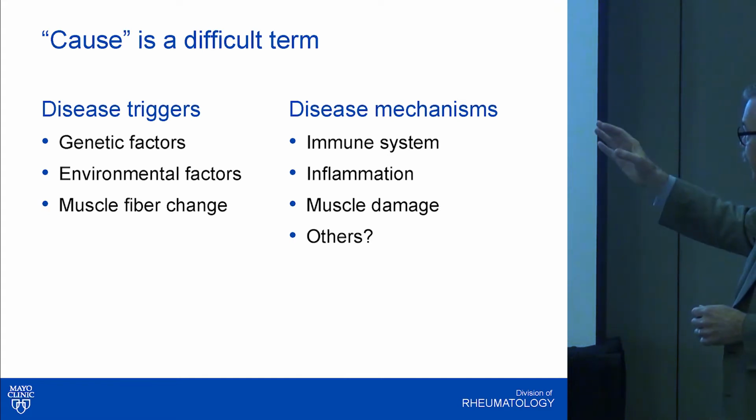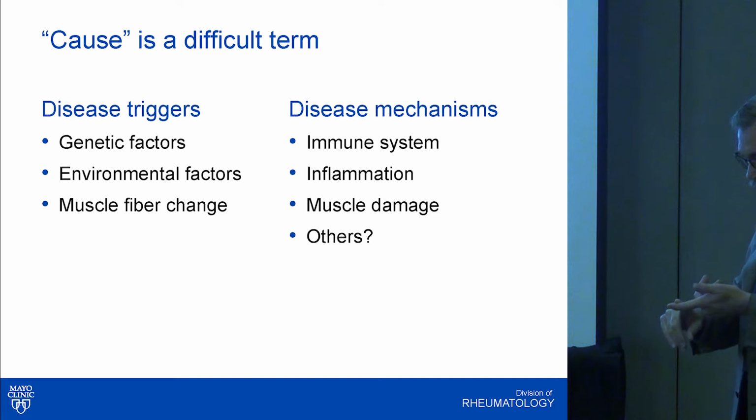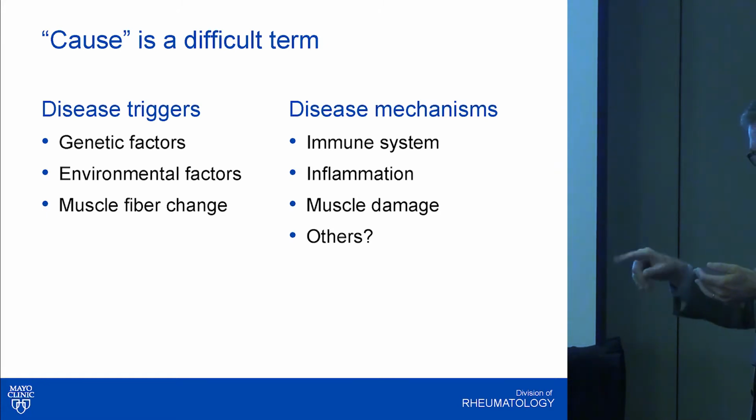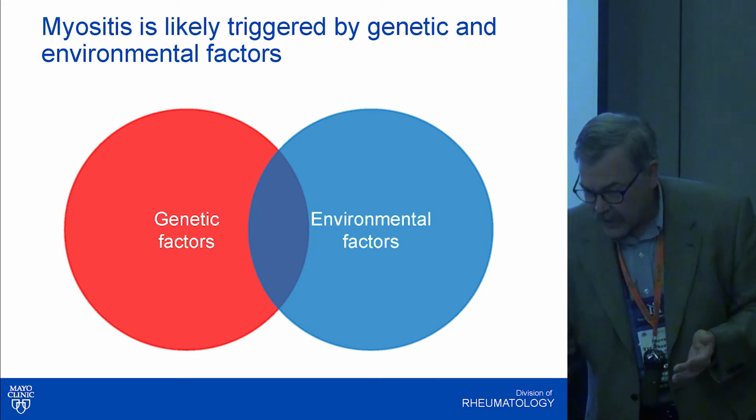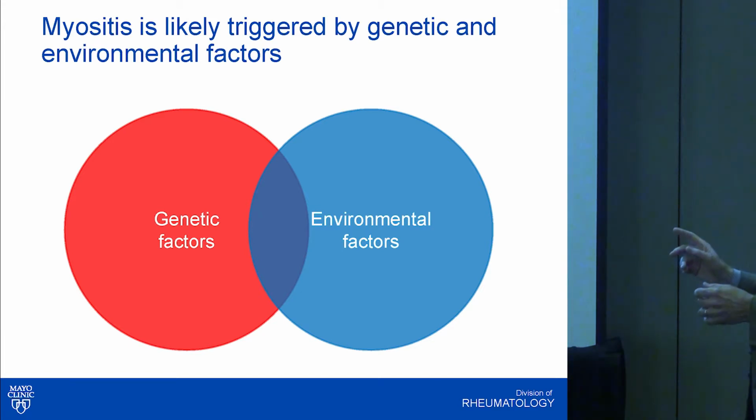So on the disease trigger side, people think about genetic factors, environmental factors, and sometimes the idea that maybe just changes in the muscle fiber itself may be a trigger, and that gets to some thinking about inclusion body myositis that we'll get to later. On the mechanism side, I'm going to talk a bit about the immune system, inflammation, muscle damage, and maybe other things as mechanisms. So myositis is likely triggered by genetic and environmental factors.